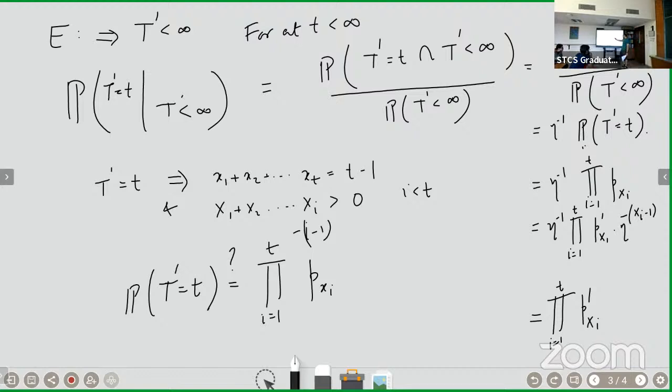If you look at this condition, use this. The x1 plus x2 and so on, given the fact that t prime is equal to t, we have this condition that all of them sum to t minus 1. And all of these are sitting here in the power, all of them have it. So what will remain here? Something will remain, t.